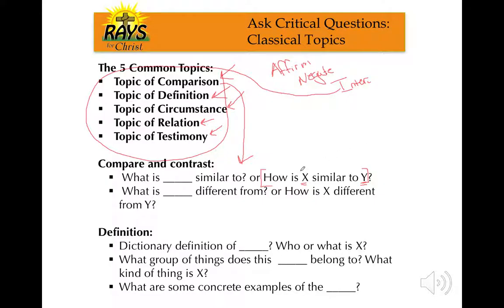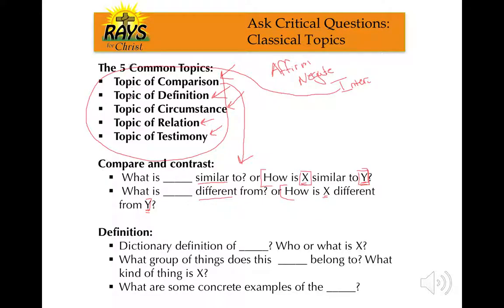And you can narrow it down to a particular X in that story and a particular Y. I'll show you an example of what I'm talking about in just a minute. The next question to ask is, what is this topic different from? I like to ask it this way too. How is X different from Y? So how is it similar, and then how is it different? How is it similar, and how is it different?